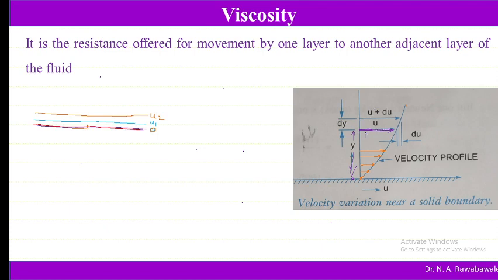So this is the first layer and this is the second layer. The first layer is moving at velocity u, whereas the second layer is moving at velocity u plus du. So there is a difference between velocities, that is u plus du minus u. The difference is du: u plus du is the velocity of the second layer, minus the velocity of the first layer, which is u.